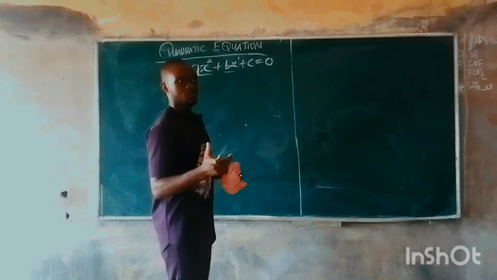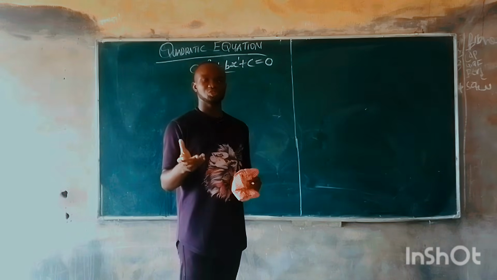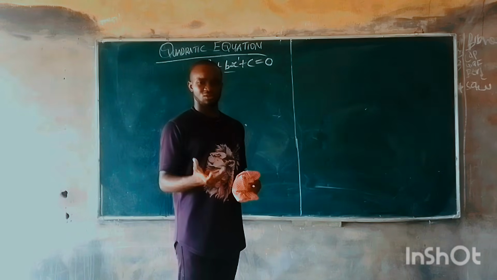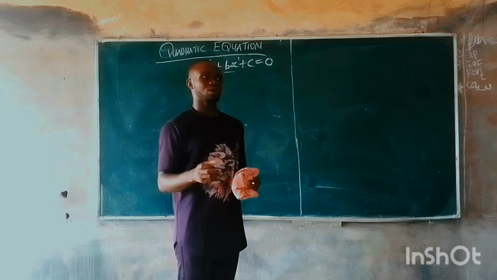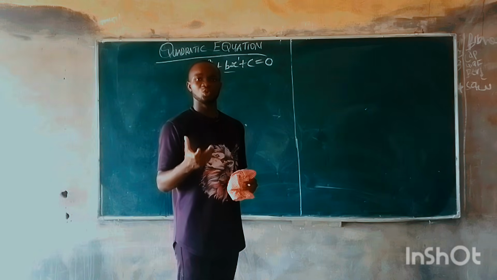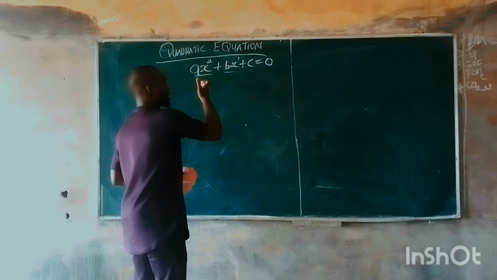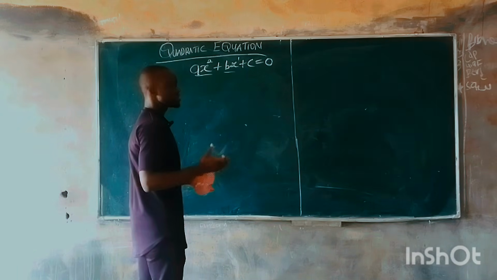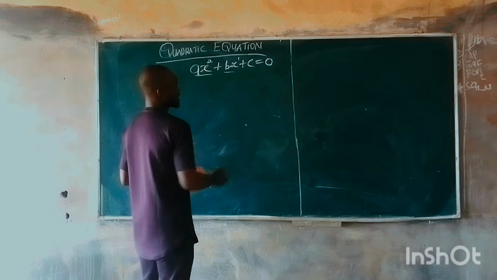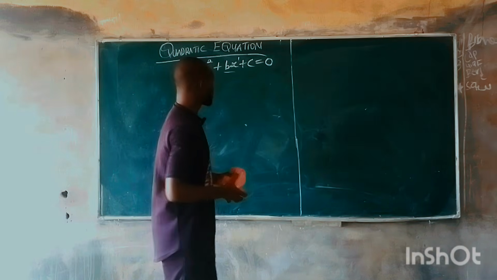If you are given an equation, you need to find the value of the unknown. In quadratic equations, we are looking for a way to find the value of the unknown in an equation where there is a square, a monomial with a symbol, and a constant, and the answers equate to 0.